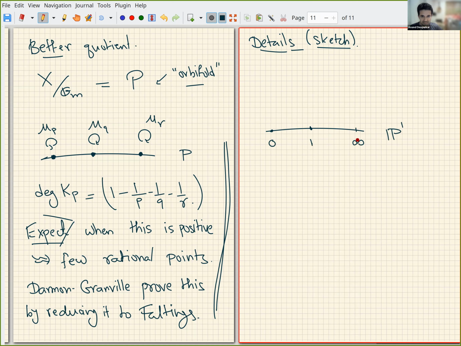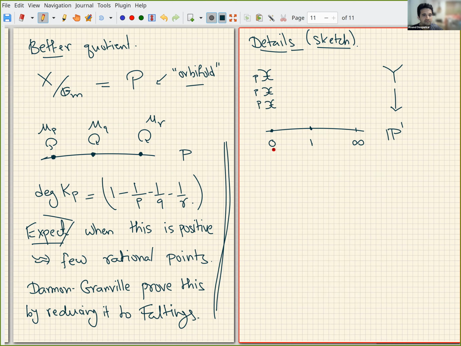And let me choose a curve Y with a map to P1, which has the following ramification profile. It needs to have all ramification p over 0.